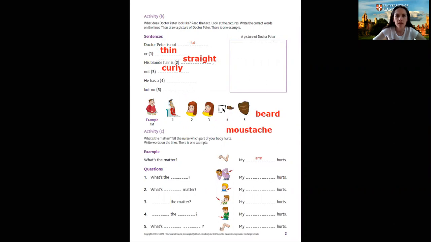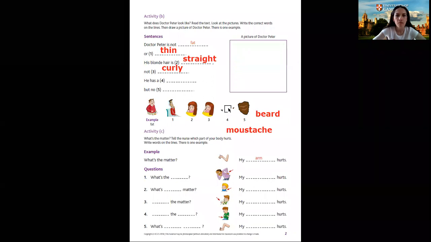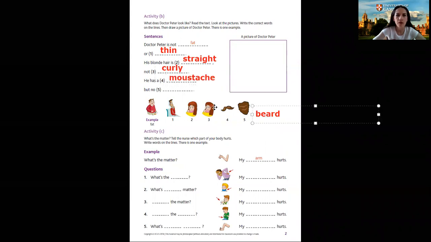In this case, we can select what we want. He has a mustache, but no beard. Okay, so with this information, we can imagine the doctor and we could make the picture of the doctor. Okay, let's take a look at the next activity.